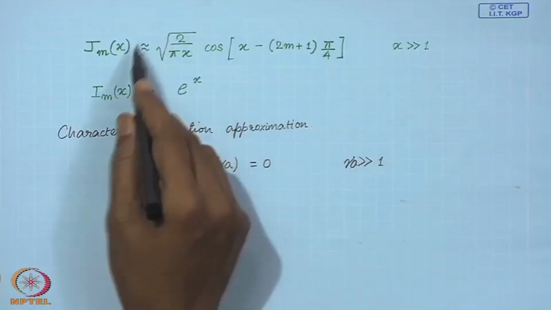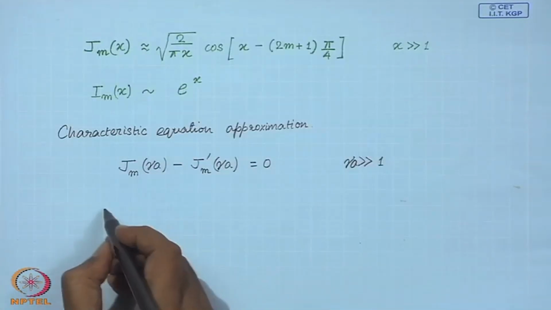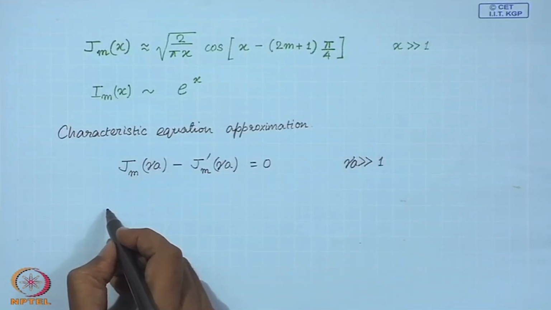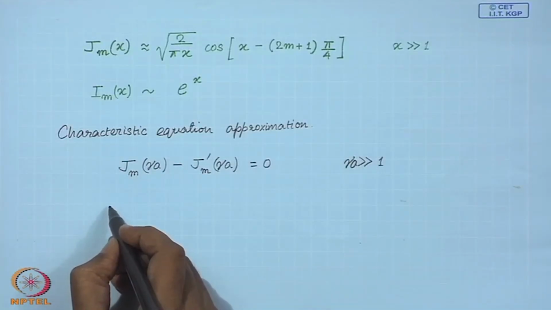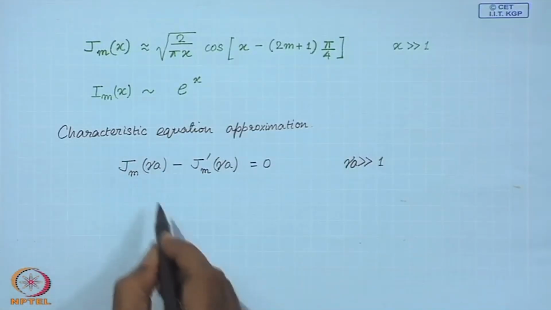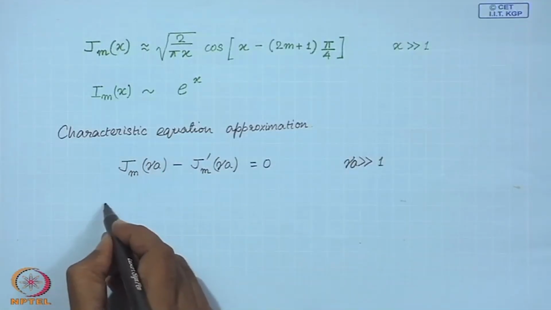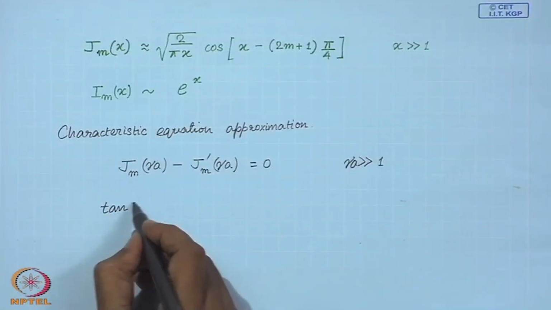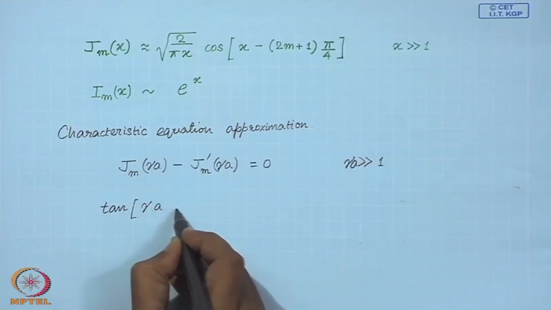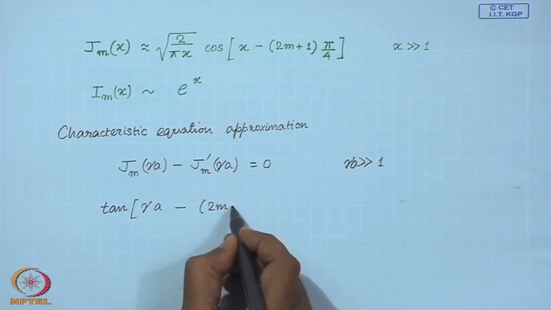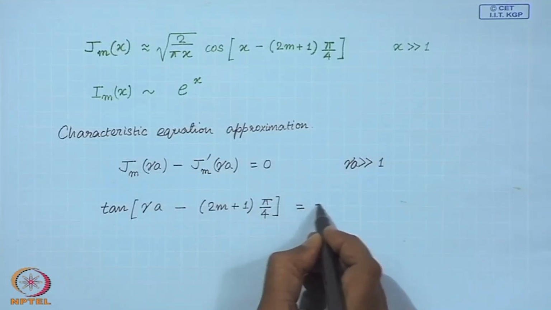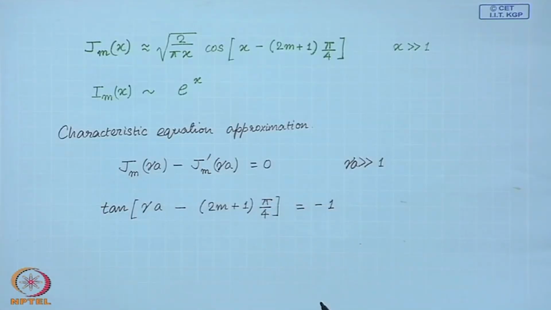Now, if you use this approximation, then this characteristic equation can be approximated as, so again for large arguments, and the solution.